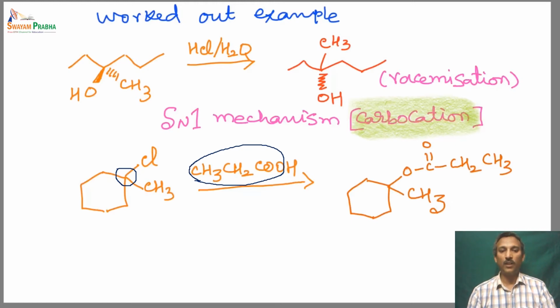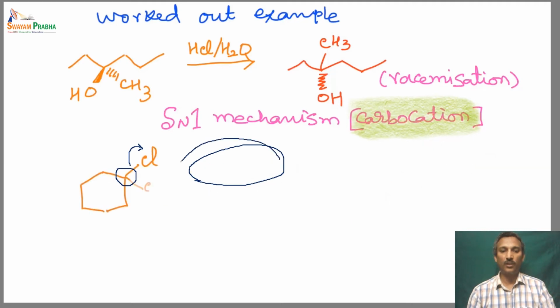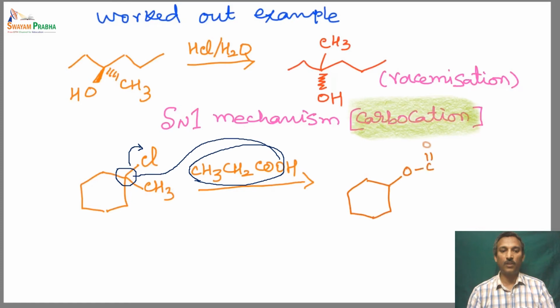This carboxylate anion removes the chloride, so the substitution happens, the chloride is lost, and the negative charge comes and attacks this carbon. So we end up with an acyl, in this case a propanoyl, derivative of this compound. This is the propanoic acid, so the propanoyl derivative of this compound is formed here.